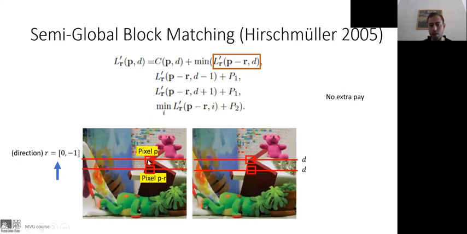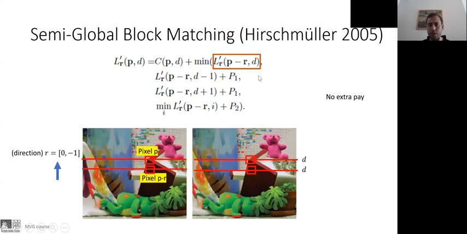And all I need to do now is compute the cost that considers smoothness for pixel P. So I know pixel P minus R. I know the K values for P minus R. I want to find the value for P with disparity D. So what I need to do is take the data term cost, and then I just need to add one of the following 4 terms.